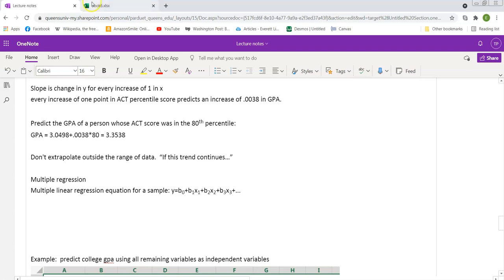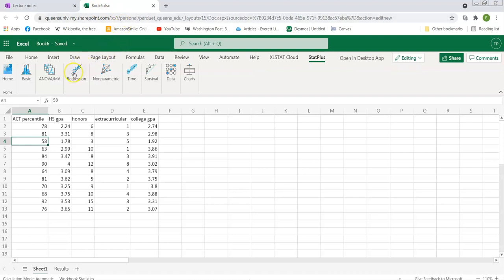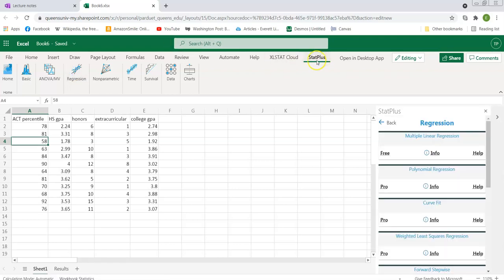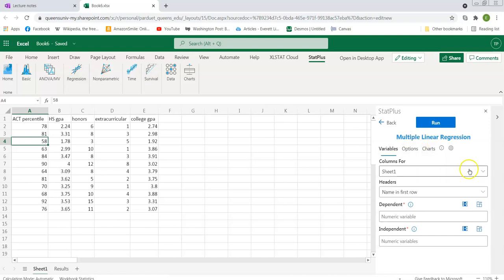To look at this model, we're going to do the same thing we did before. We're just going to add the extra variables to it. So in StatPlus again, and again, we have to be using the OneDrive version of Excel. So StatPlus, regression, multiple linear regression, and our data is in sheet 1.